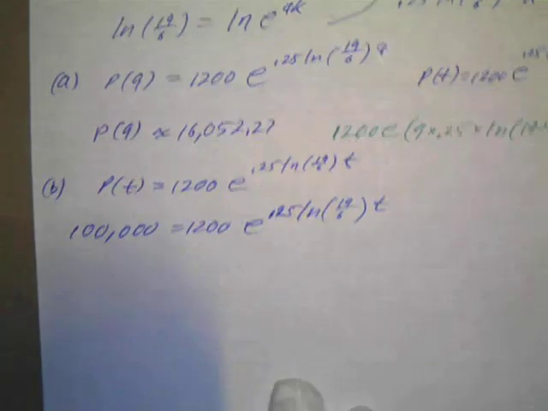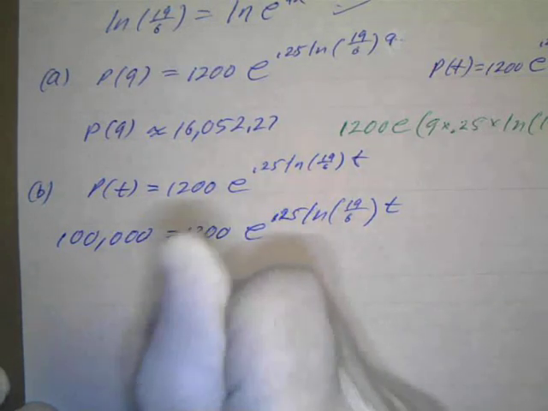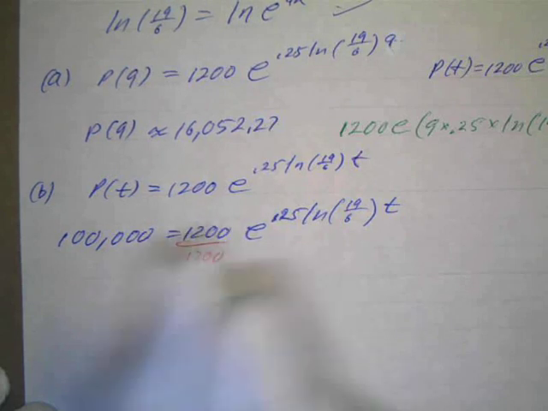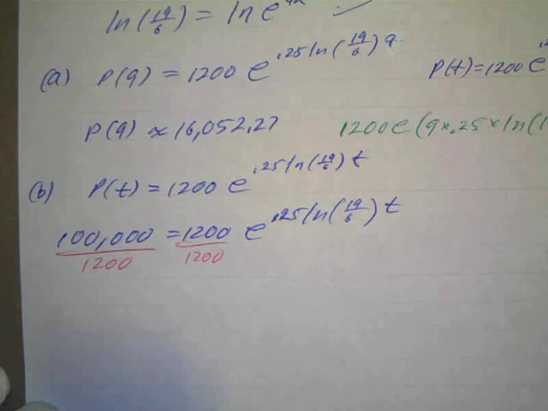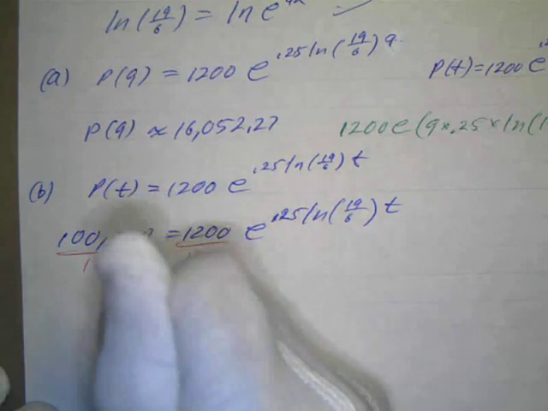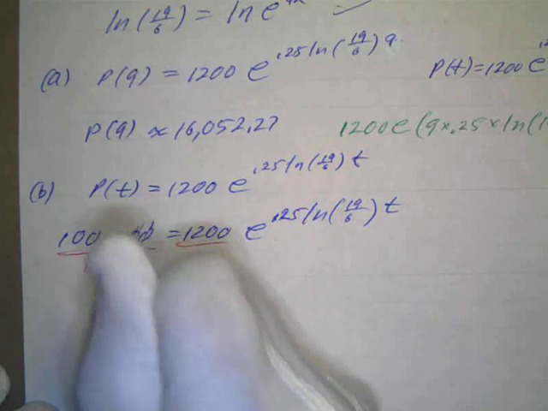Okay. So I'll divide both sides by 1200. A bunch of zeros cancel out here. So I can cancel those.